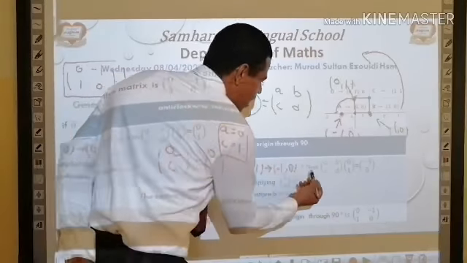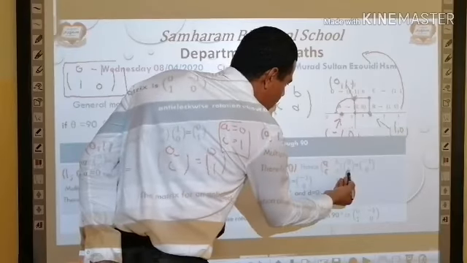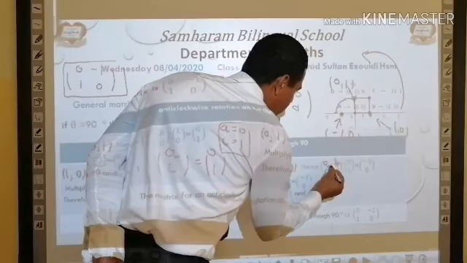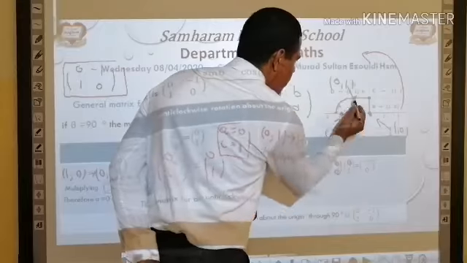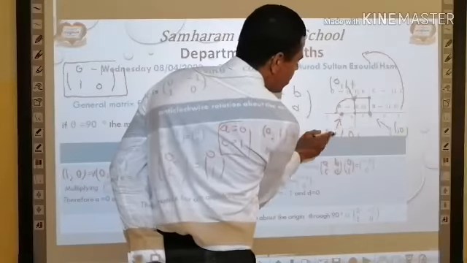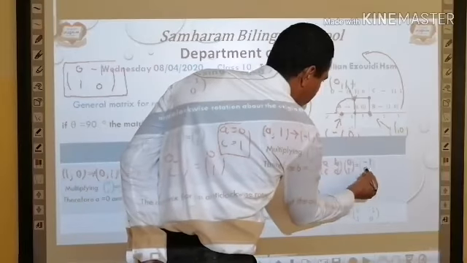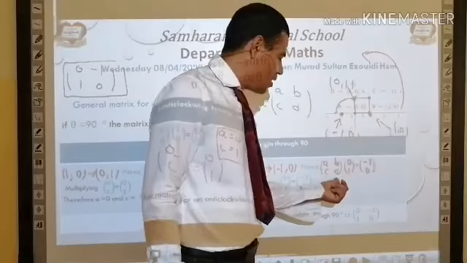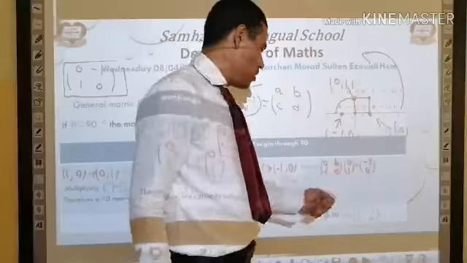Hence the matrix for the transformation that transforms this point to its image is A, B, C, D times 0, 1, the coordinates of this point, that maps to this point, which has coordinates negative 1, 0. Now my kids, if you would like to work out B and D, because we found the values of A and C, now we would like to find B and D.